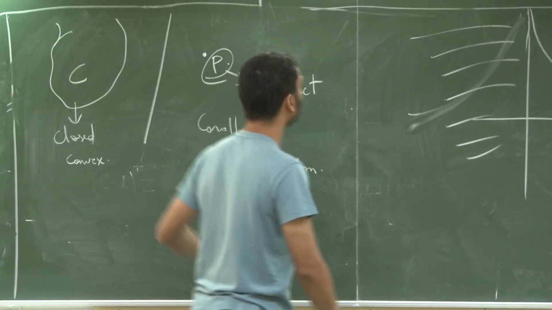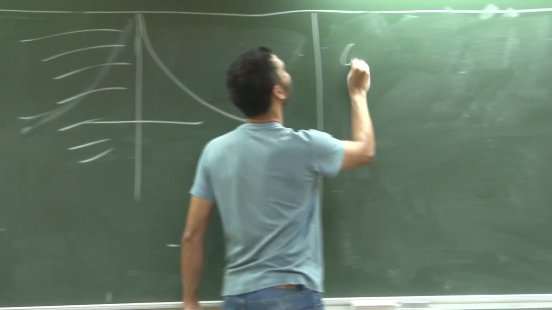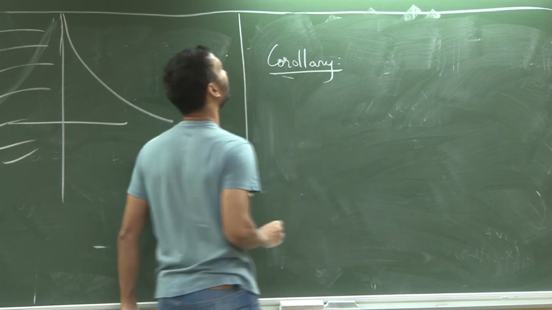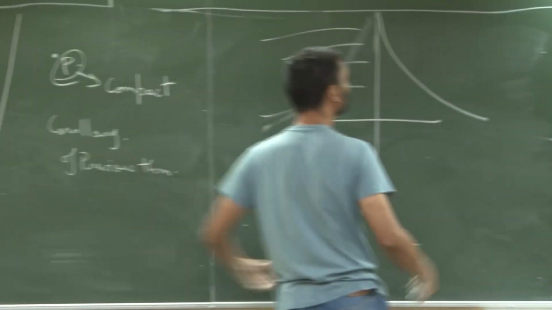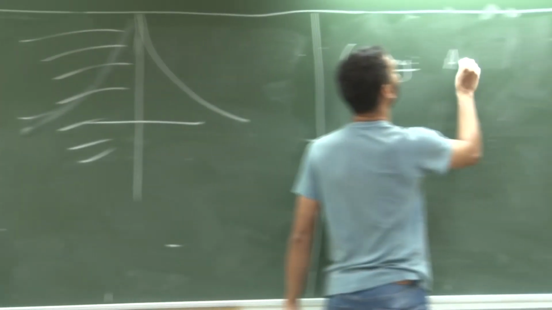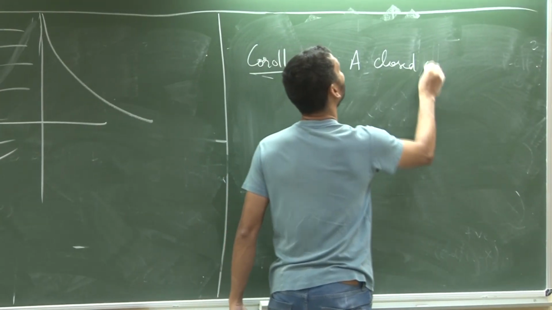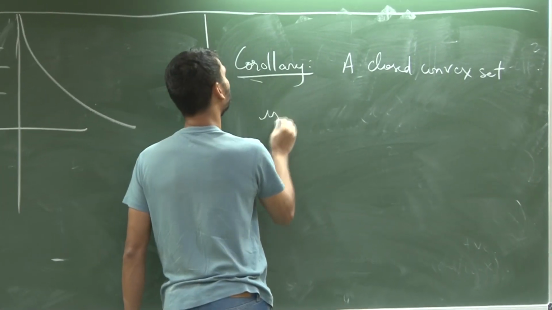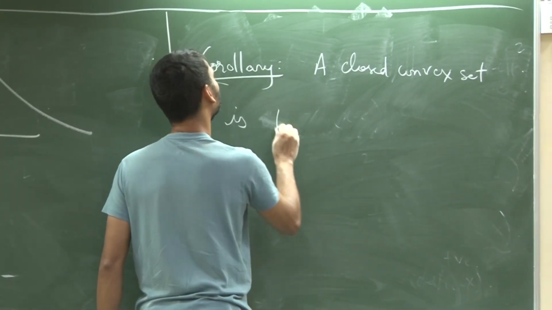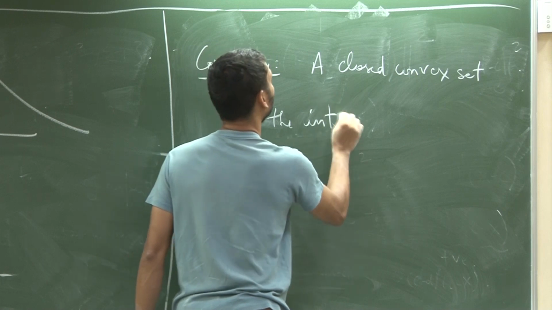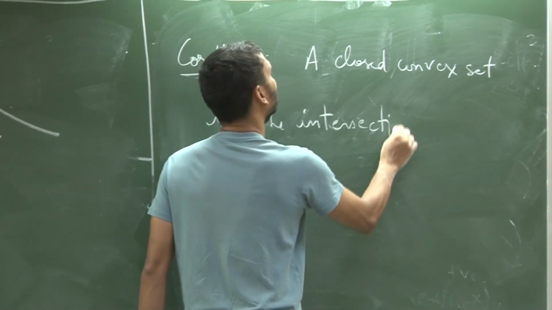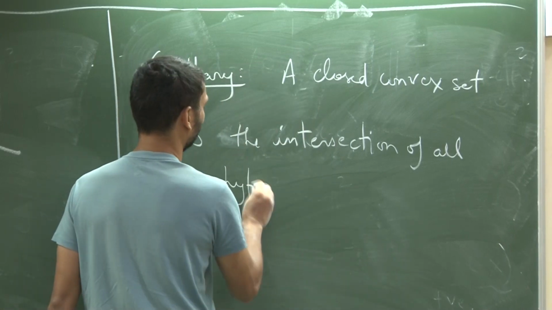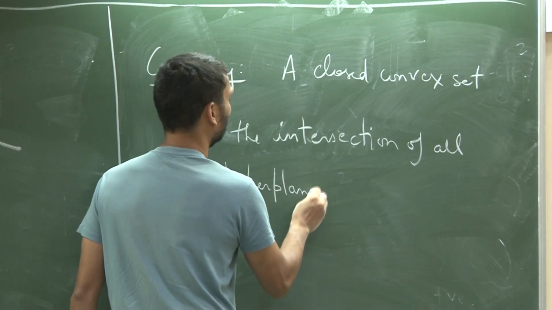But actually, this theorem gives you a nice description of a convex set. A closed convex set is the intersection of all hyperplanes.